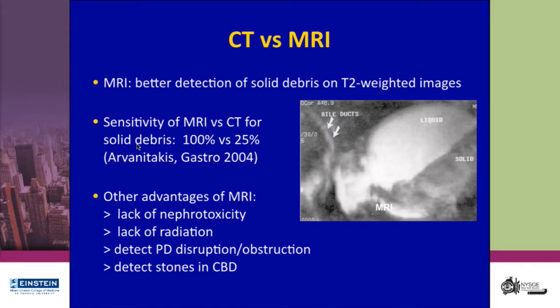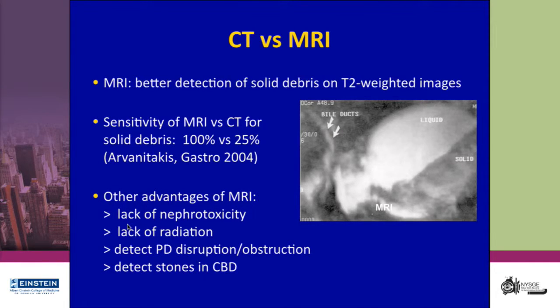In one study, comparing the sensitivity of MRI versus CT in the detection of solid debris, the MRI was 100% sensitive versus only 25% using the CT scan. Now, of course, there are other advantages to using an MRI rather than a CT.